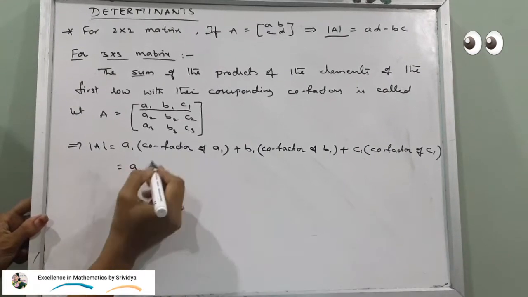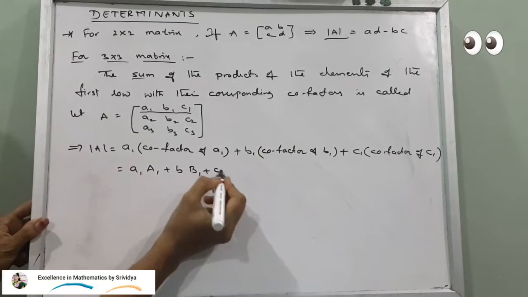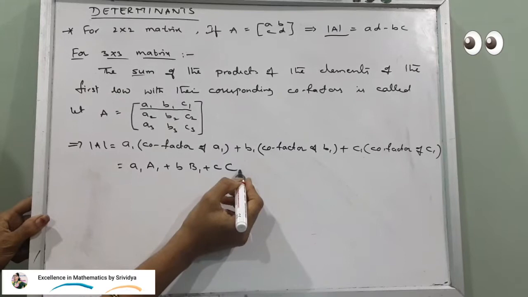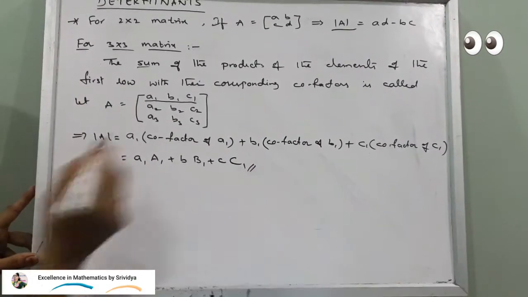The cofactor of A1 is denoted by capital A1, and so on. This is the determinant of A.